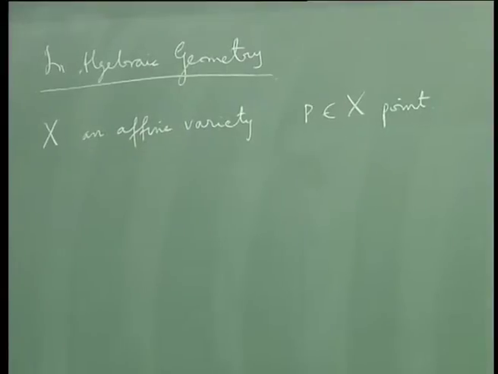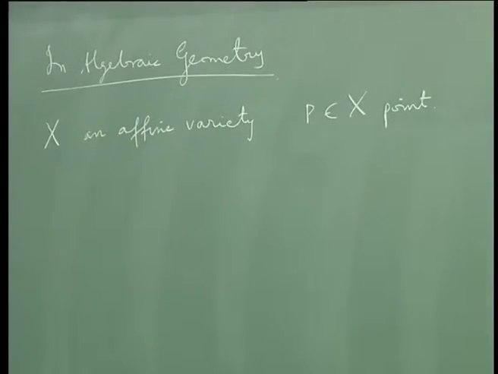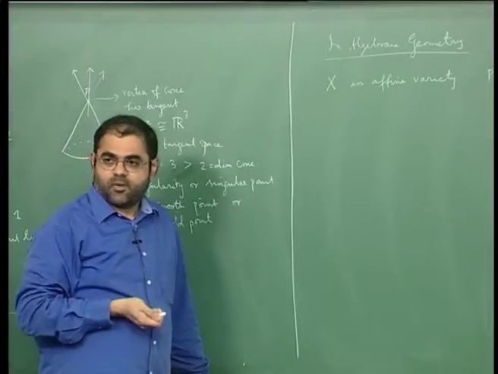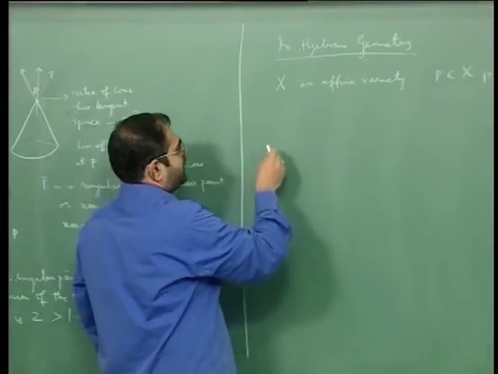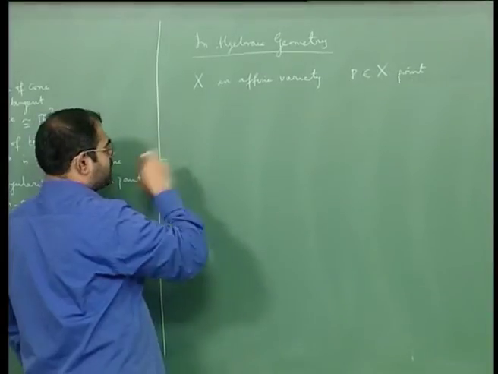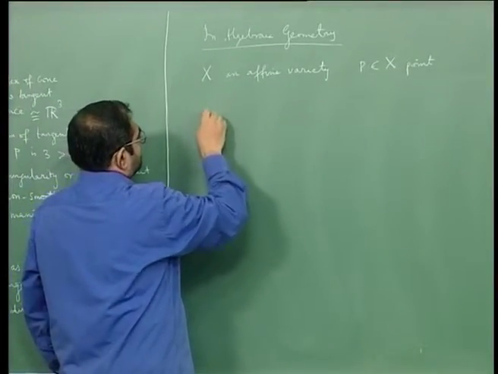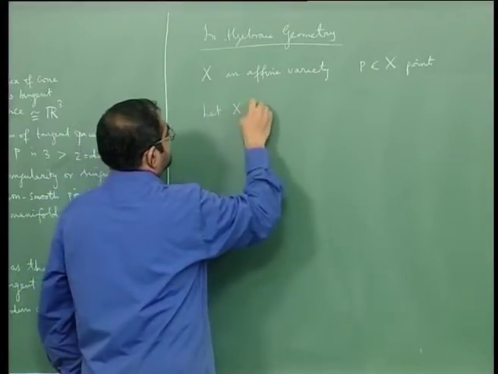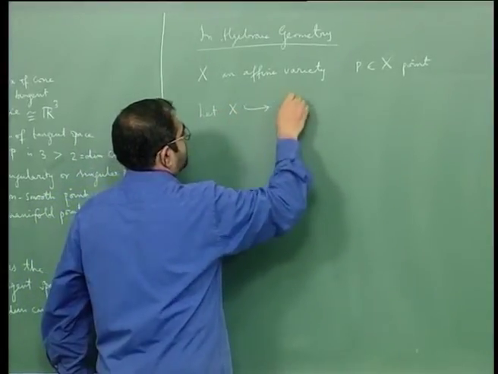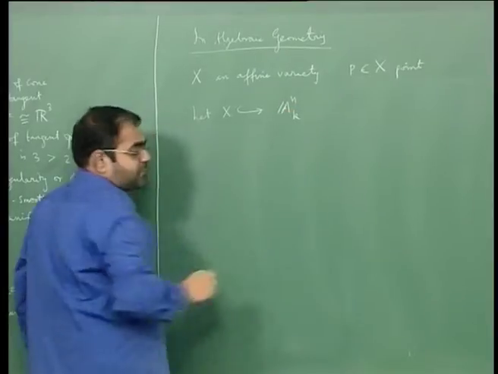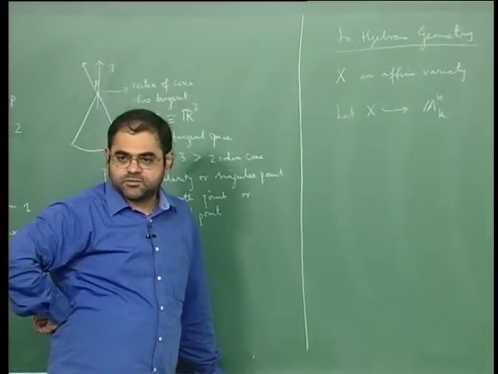How do you define that P is a smooth point or a non-singular point? For that, you do the following. Let X sit inside some affine space over K, which is of course an algebraically closed field.